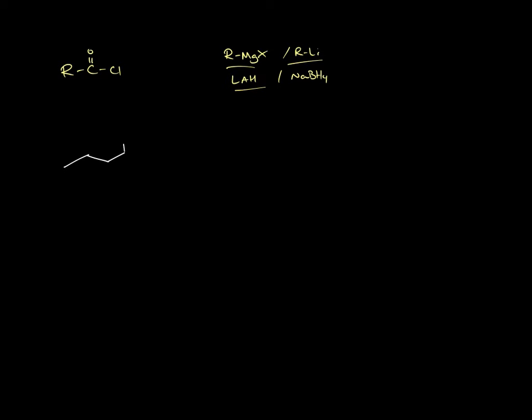If I start off with this ester, OCH2CH3, and I add in, let's just go with a benzene ring Grignard reagent. The Grignard is a very strong nucleophile, and so this Grignard will attack that carbon, kick electrons up to the O, they'll come back down again, and they'll kick off that oxygen.